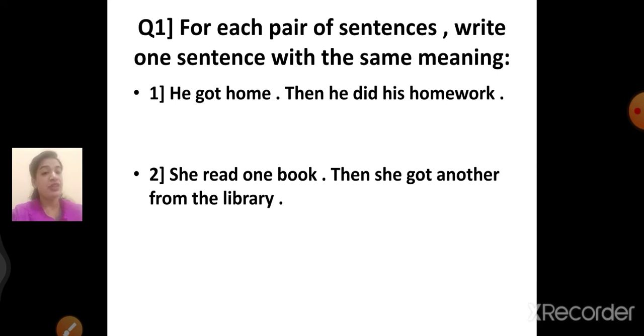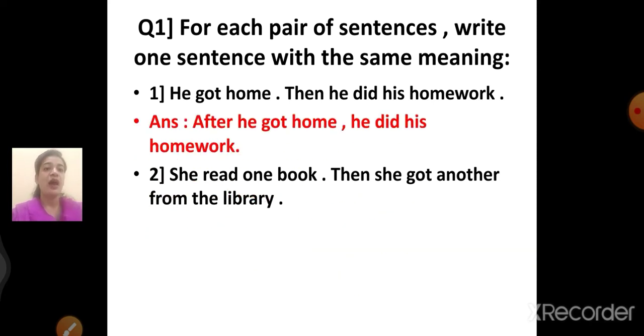So after he got home, we'll use a comma. He did his homework, meaning the first thing he did after he got home, and what he did next, he did his homework. So let's see the answer. After he got home, he did his homework.